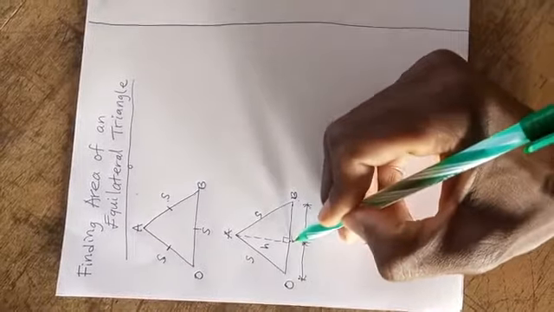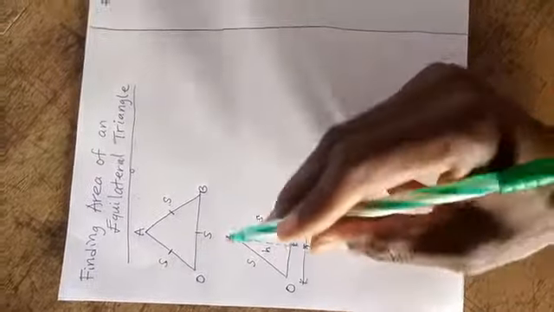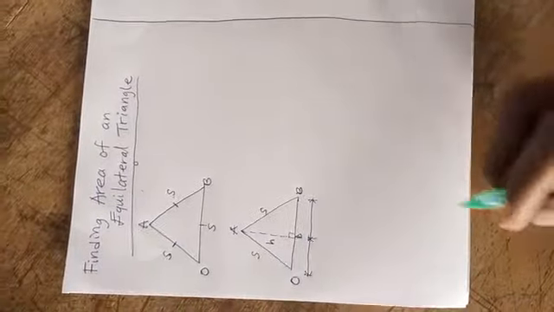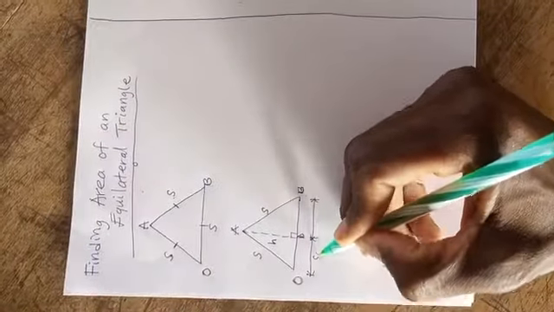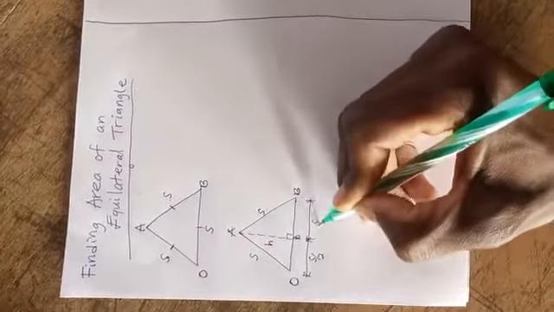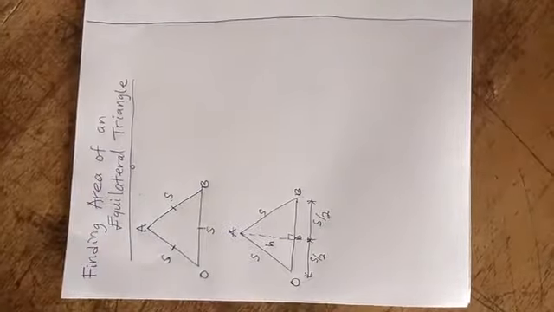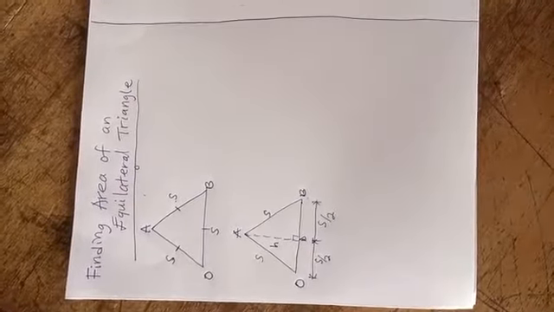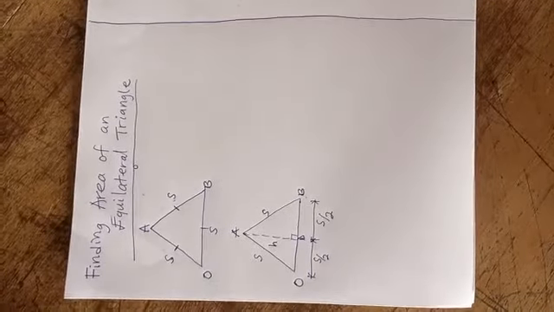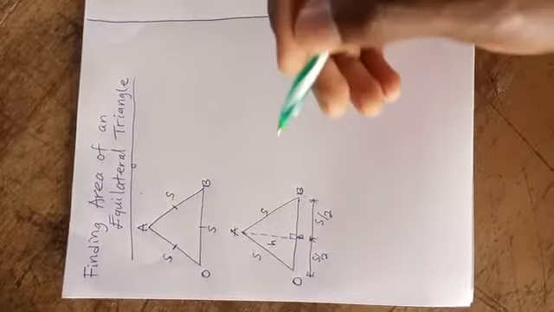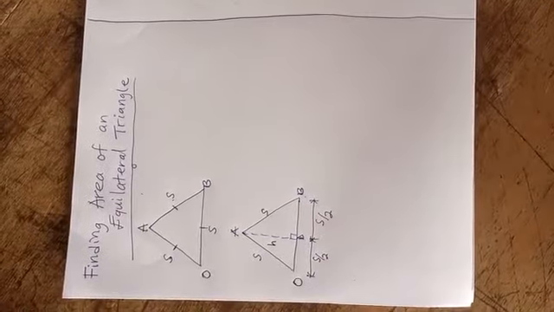Let's call this point D. So this length will be S over 2, which is half of S. So we can obtain our area, but before then, this height divided this triangle into two equal halves.